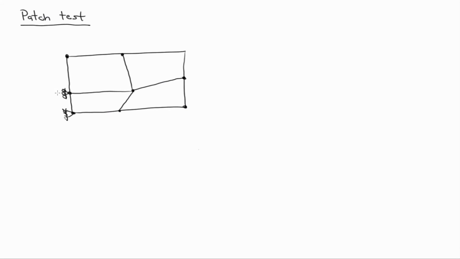So we're going to pin the corner. That's going to prevent any translation. And then if we apply one roller there, that will prevent any rotation. And then we're going to apply a force.